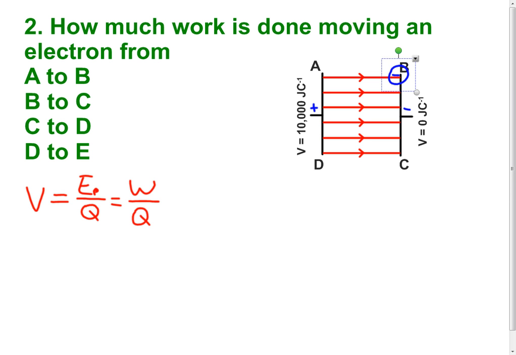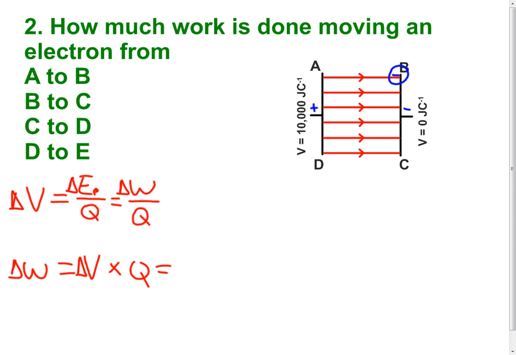Okay, so the amount of work done, if we rearrange this, is going to be V, the potential or change in potential, times Q. We should probably chuck some deltas in here. So the work done is going to be the change in potential times the charge.